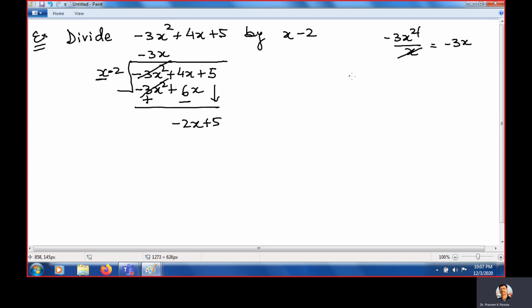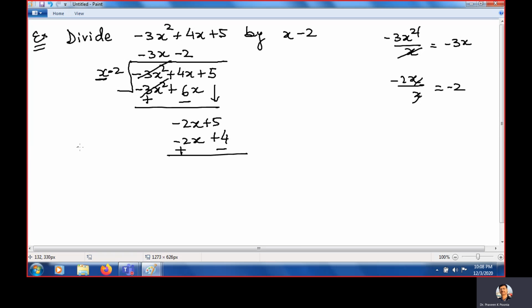Okay, now how many times? Look, minus 2x is there and we will divide by this x. This cancels. How much is it? Minus 2. Now multiply. Minus 2 into x is minus 2x. Minus plus 2 into 2 is 4. Okay, subtract.